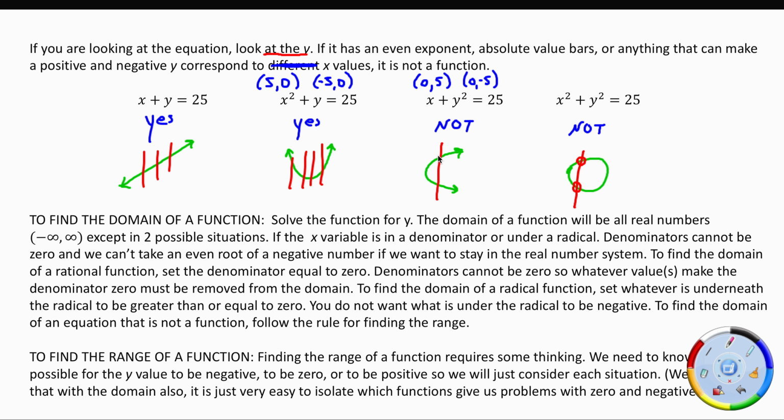If it crosses the graph at more than one point when you draw a vertical line through it, it's not a function. If you're looking at an equation, look only at the y's. As long as the y value doesn't have an even exponent or absolute value bars or anything that makes the y value the same for a positive or a negative, then it's not a function.